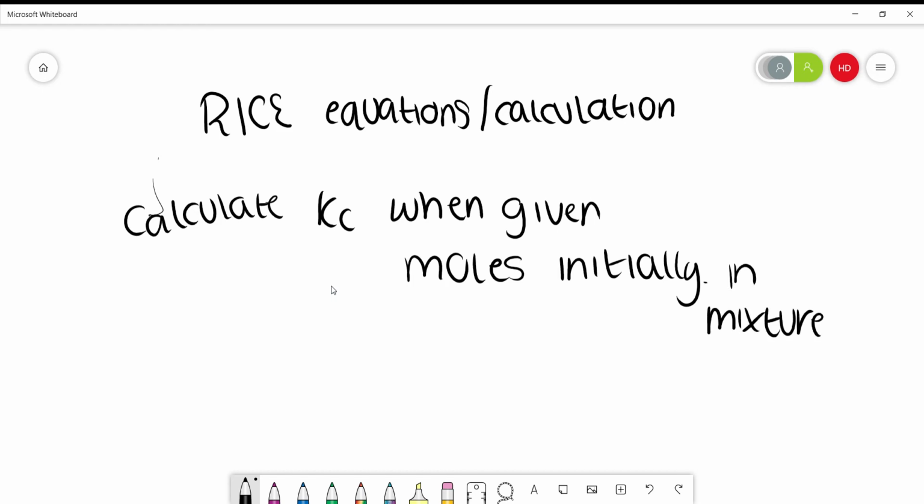So this is not when you're given concentrations that you just plug into the expression. This is more of a calculation that you work through when you're given the number of moles initially.